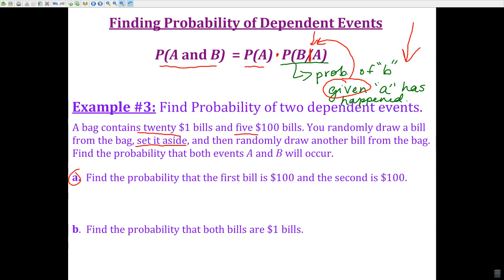Here's A. Find the probability that the first bill is a $100, and the second bill is also $100. All right. Well, you know that there are 25 bills total. That's going to be important, right? 20 and 5, so 25 bills.